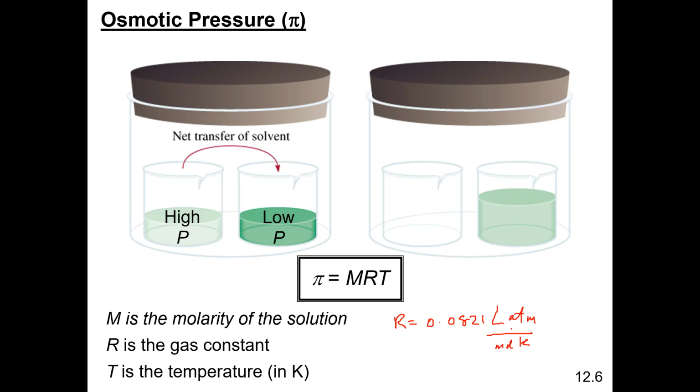All right, so that's what R is. If you use that value for R, then basically pi would be in units of atmospheres, right? We know what the units of molarity is already, and we know what the units of temperature is, which is Kelvin, all right? So that's basically it as far as this equation is concerned.